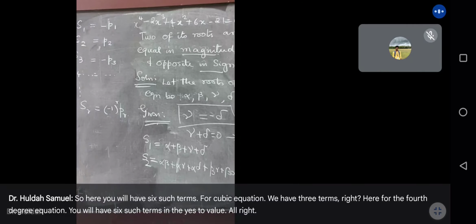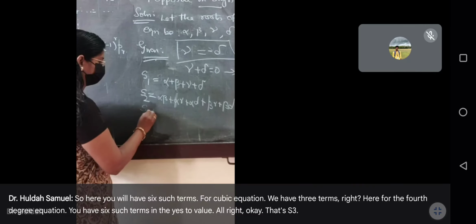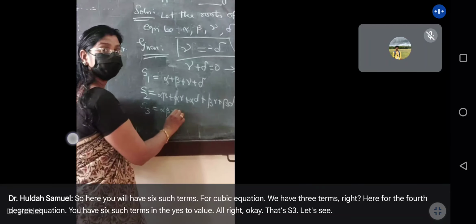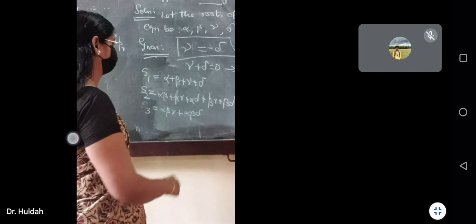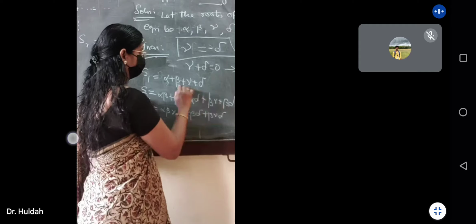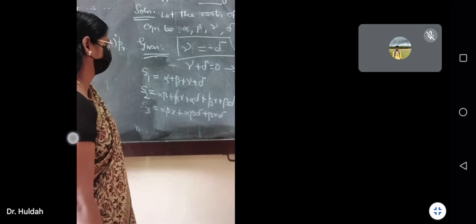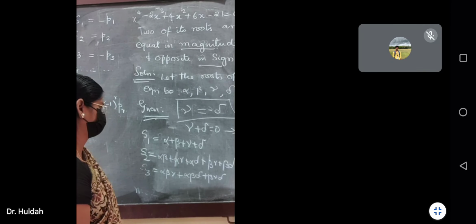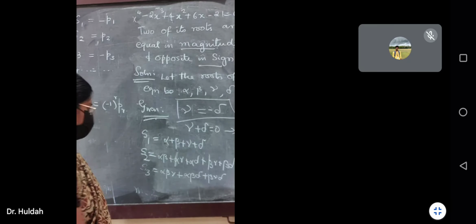All right? That's S3. S3, taking three roots at a time: alpha beta gamma, alpha beta delta, beta gamma delta, alpha gamma delta.